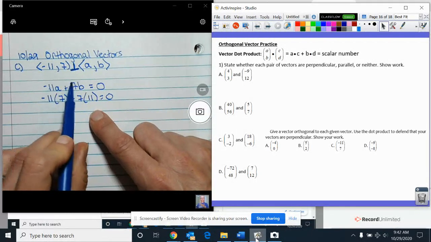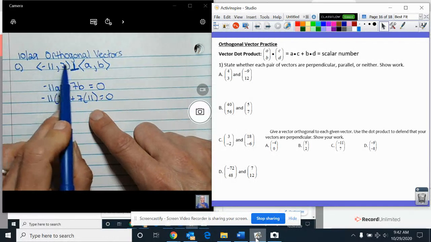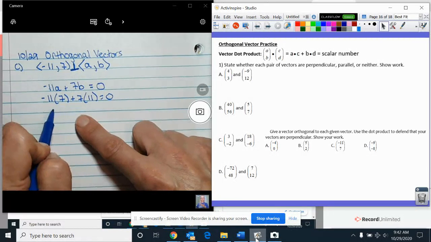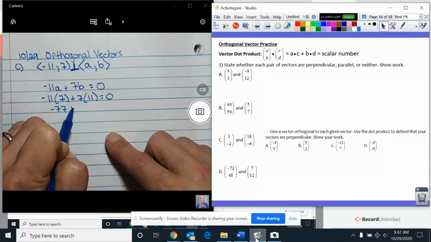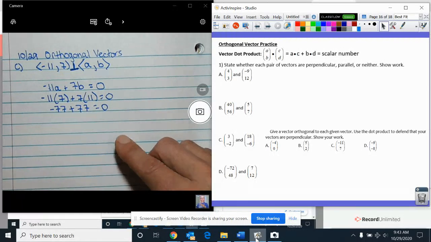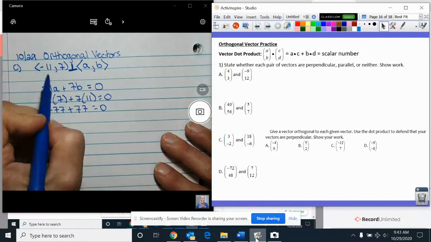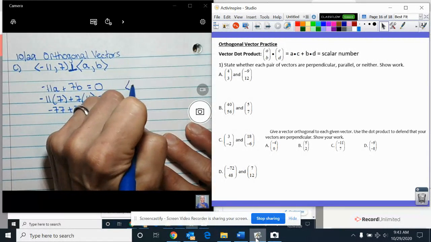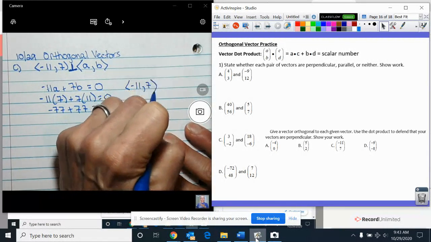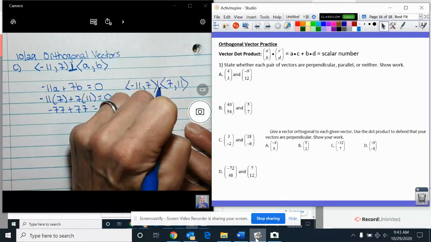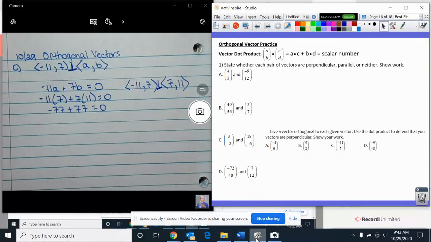Using those and changing the sign and reversing them, this would be negative 77 plus 77, and that equals 0. So the vectors negative 11, 7 and 7, 11 are in fact orthogonal.